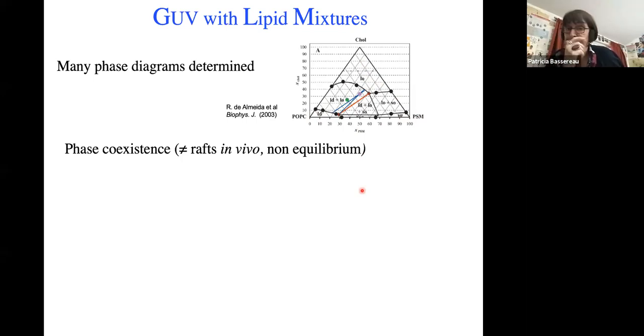And I would say that this created a little bit of ambiguity, because this system was made at full equilibrium, whereas in the cell there are many processes which are not at equilibrium, which can also perturb this phase diagram. But at least people have been able to prepare vesicles with a very complex membrane.